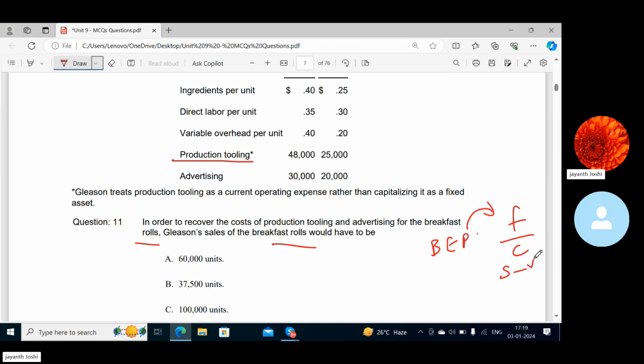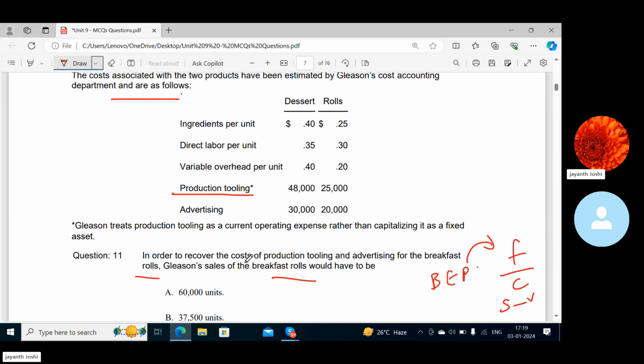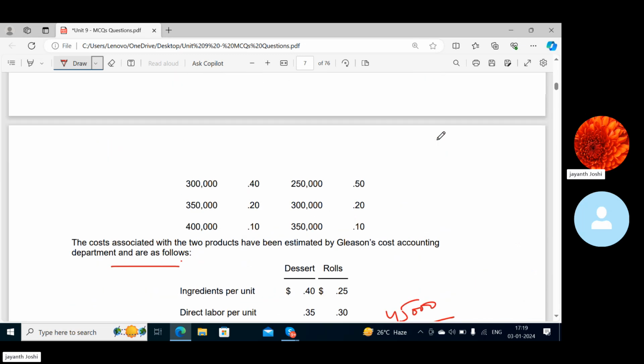Contribution is sales minus variable cost. What is your fixed cost here? For rolls it is 45,000. What is the contribution? Sales minus variable cost.